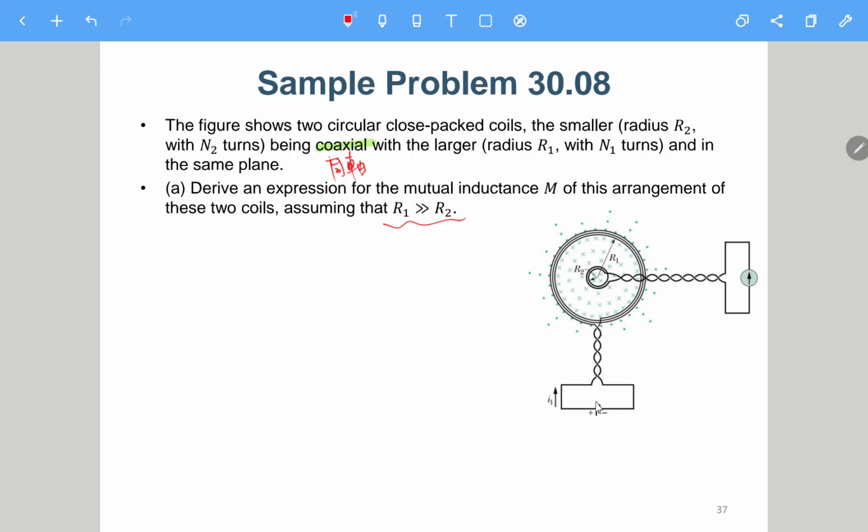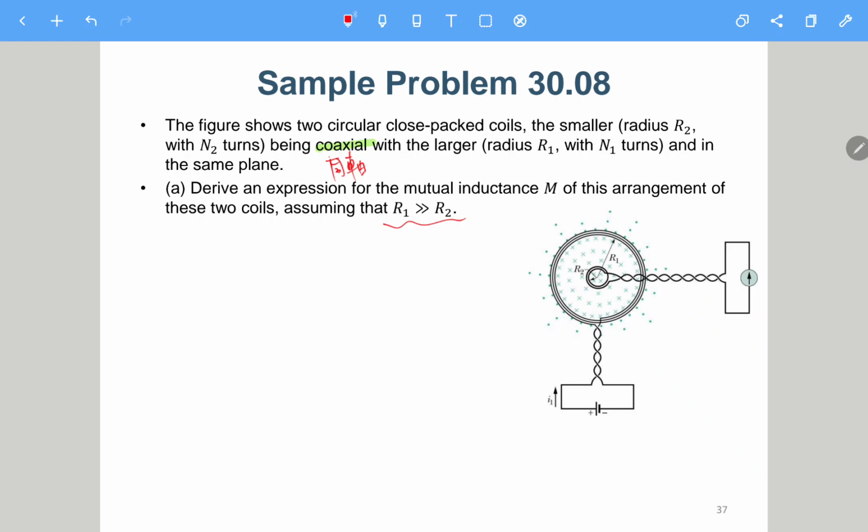Here you can see we have a battery. The larger one will generate the B field, so the smaller one will have some magnetic flux. And if this magnetic flux is changing, then there will be induced EMF, induced current, and so forth.